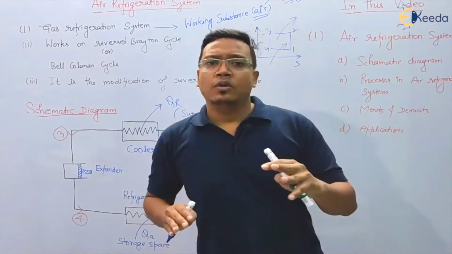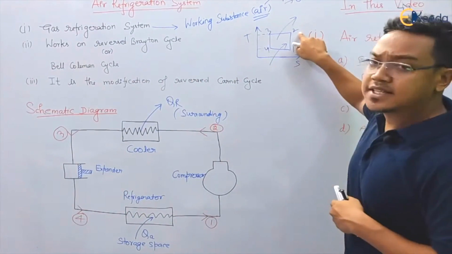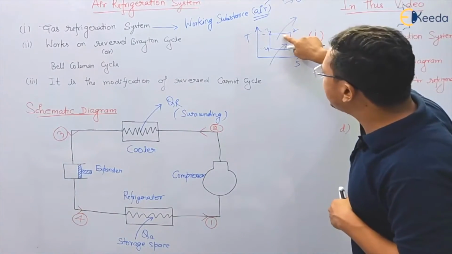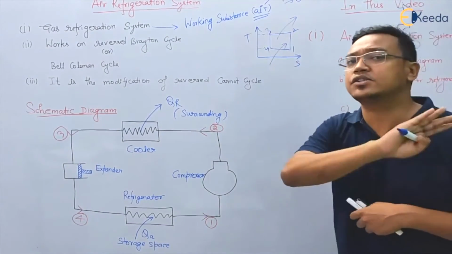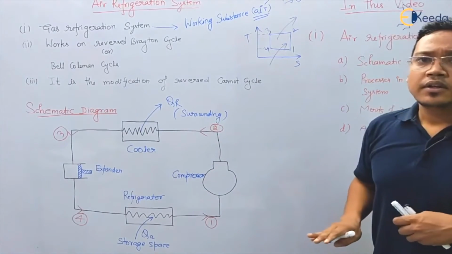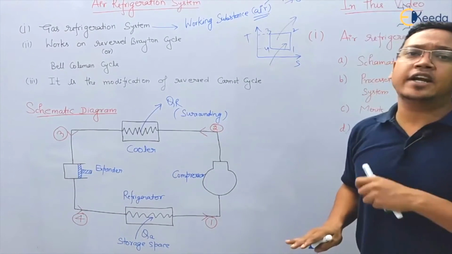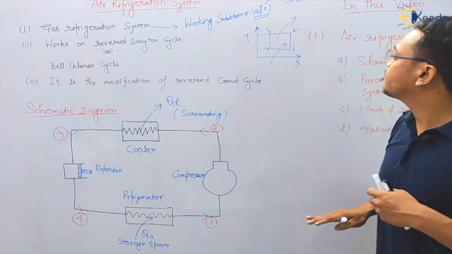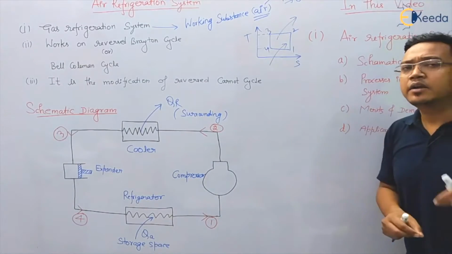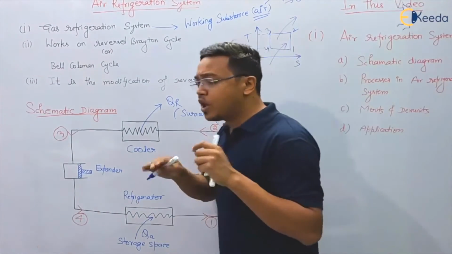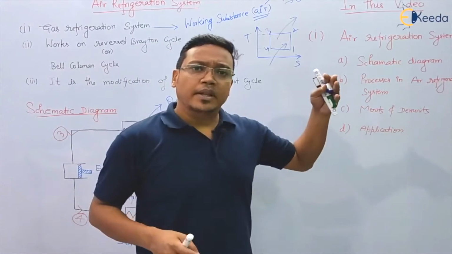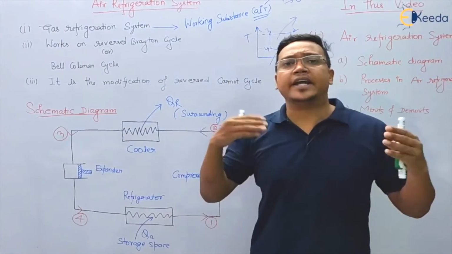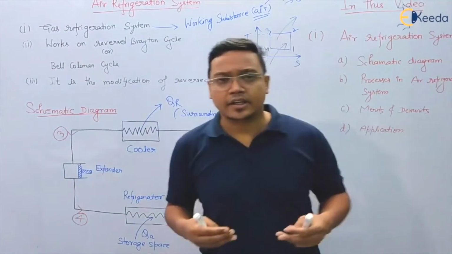So one process is very fast, second process is very slow. That means a combination of this type of process is not possible. This reason you have studied already in thermodynamics also. But you have to remember here, because of these reasons, we are not able to operate any machine on a reverse Carnot cycle.